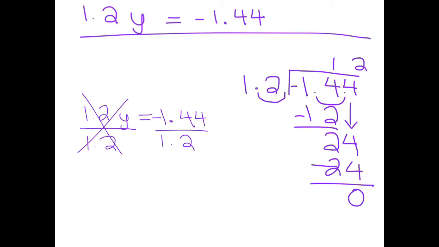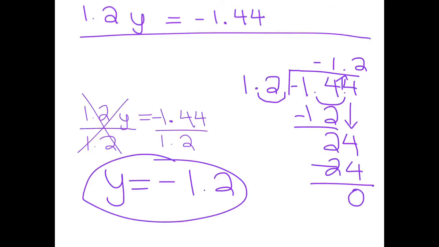And don't forget to bring your decimal up. And also, don't forget to add the negative in front of 1 2/10, because we know that a positive number times a negative number equals a negative number. So that makes y equal to negative 1 2/10.